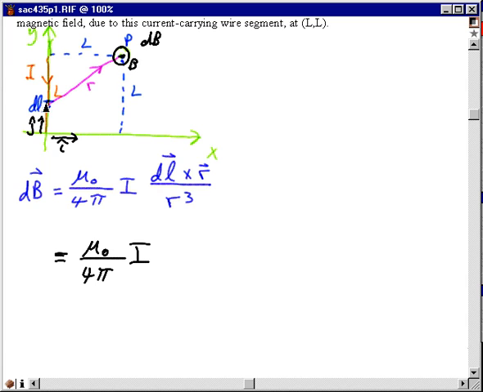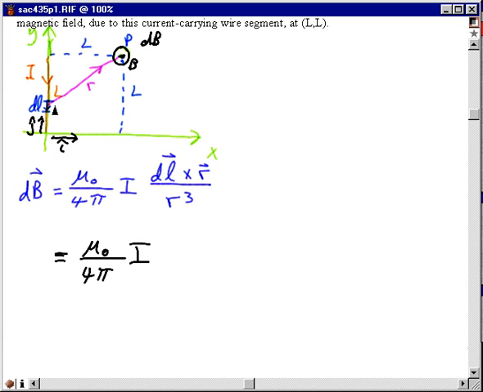If I break this r up into components, one in the same direction as L, or parallel or anti-parallel to L, and one perpendicular, we see that the perpendicular component is just that capital L, which represented the distance that point P is from the y-axis.